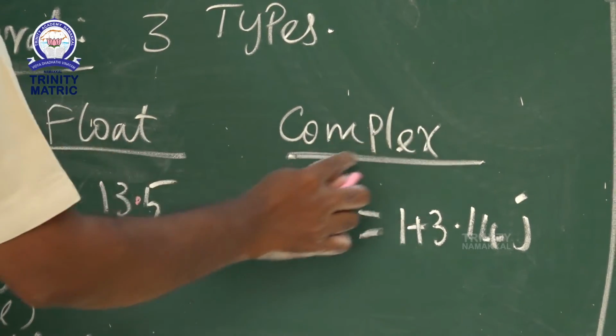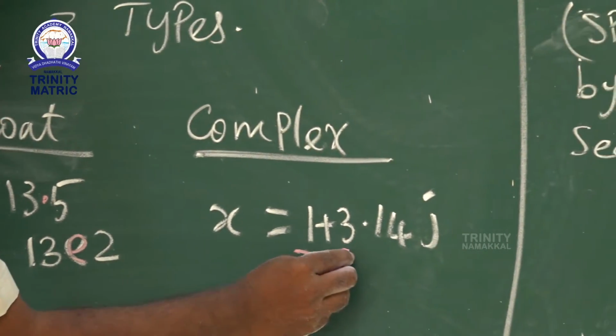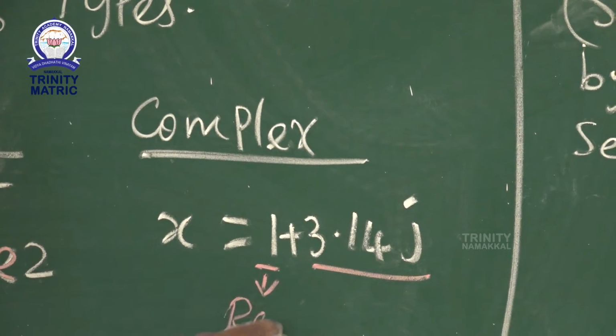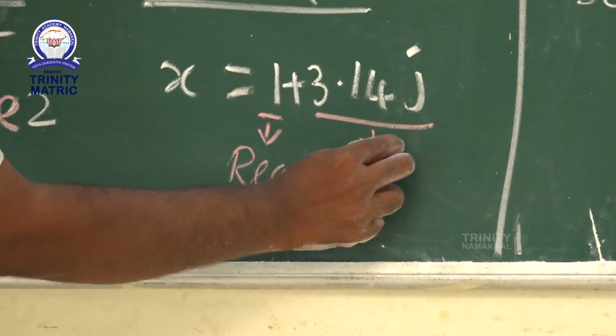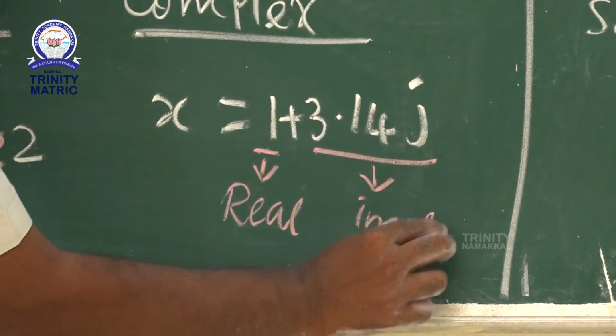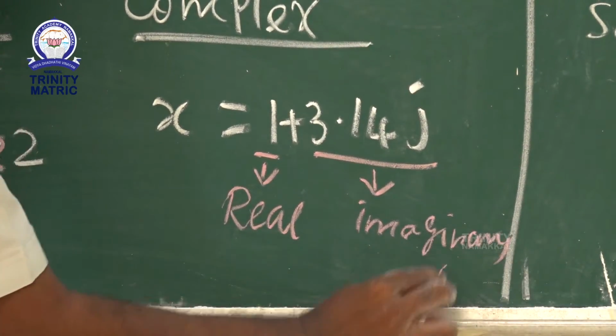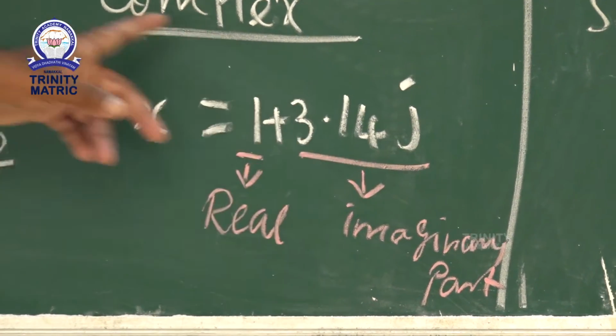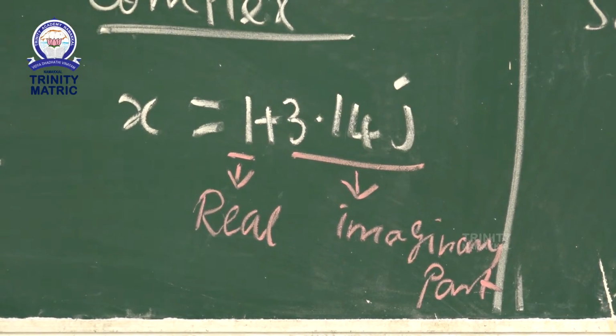Then the complex literal has two parts: this is the real part and this is the imaginary part. This type of literal is called a complex literal.